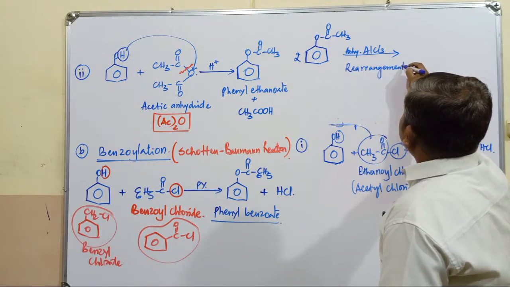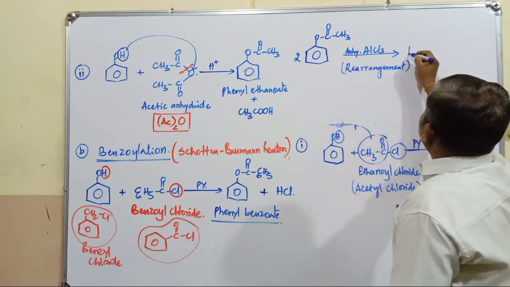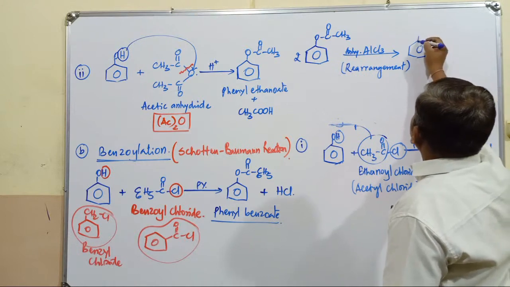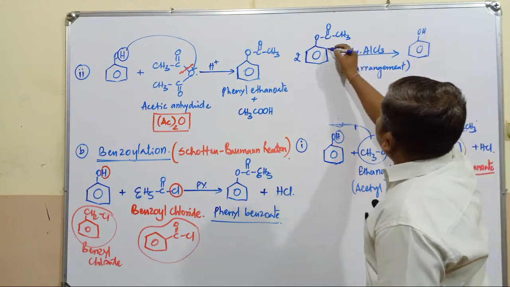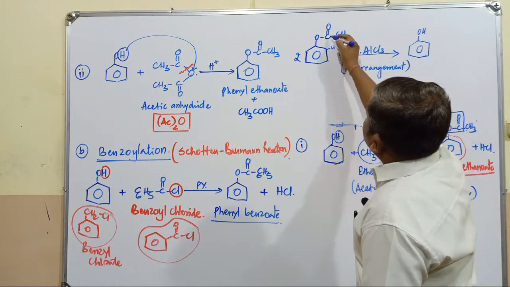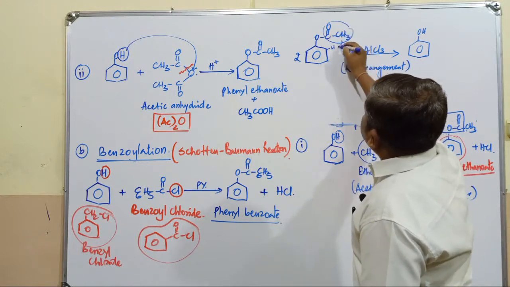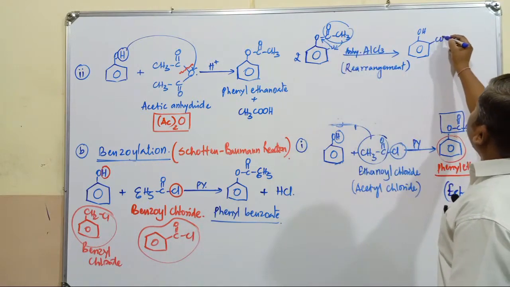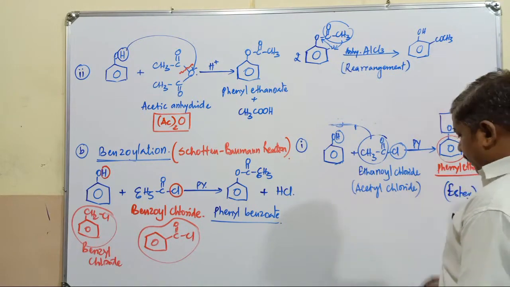When it undergoes rearrangement, what is the product obtained? This is OH. One of the hydrogen atoms is there. When this COCH3 group attacks on this position, hydrogen goes to this one. So OH, and here it is COCH3.